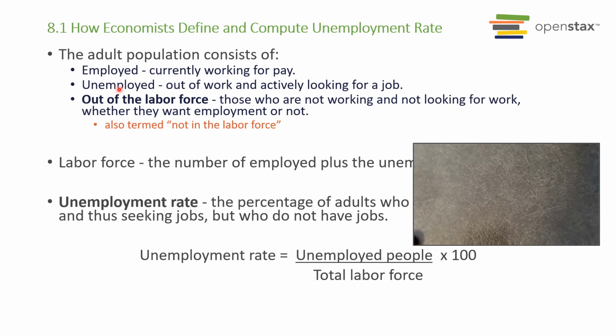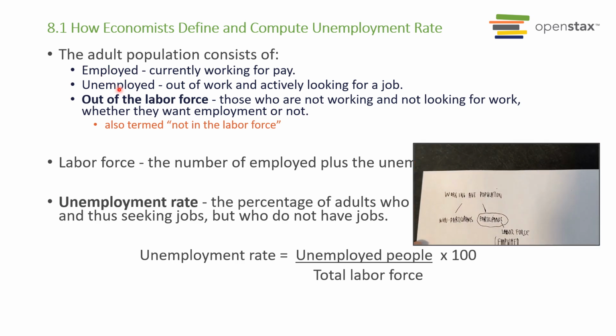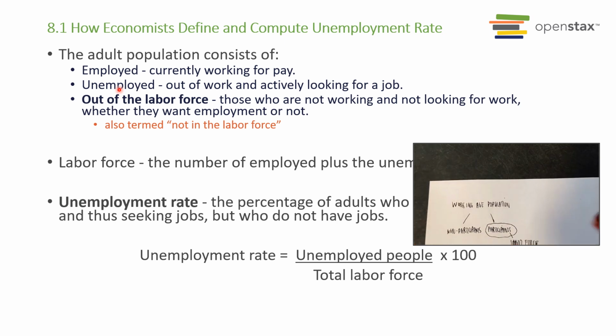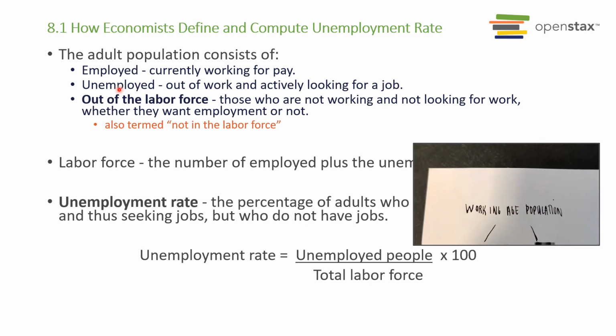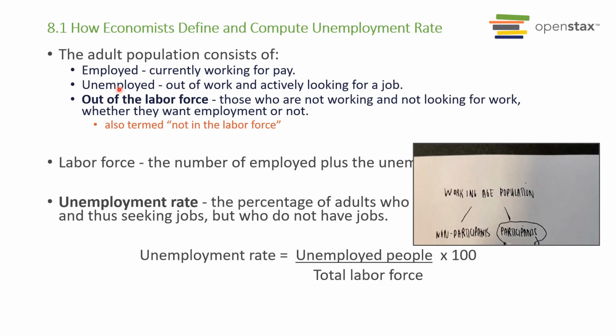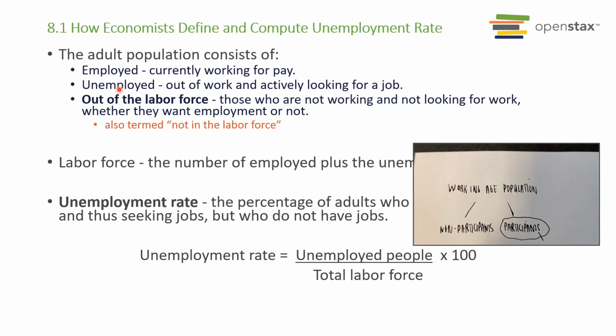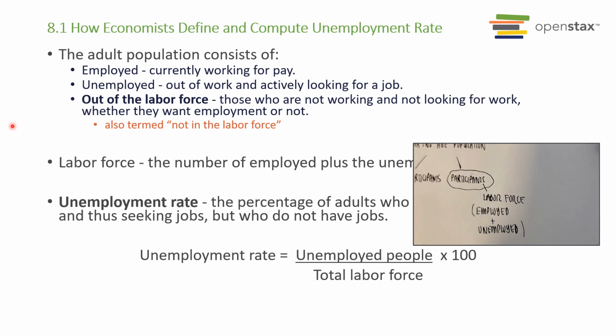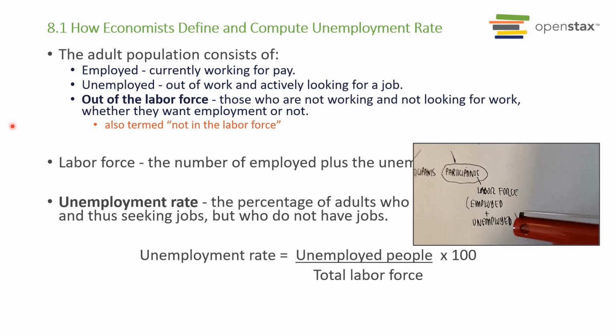So again, if we've got a definition of the working age population here, we can see that the working age population is made up of two groups. It's made up of non-participants and it's made up of participants as well. And the participants are made up of the employed plus unemployed.